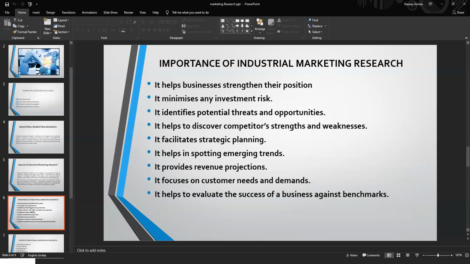If you want a firm stand and want to gain the market, we have to lead the competition. So marketing research provides knowledge that strengthens the business with the help of this information. Industrial marketing also makes it possible to minimize investment risk.